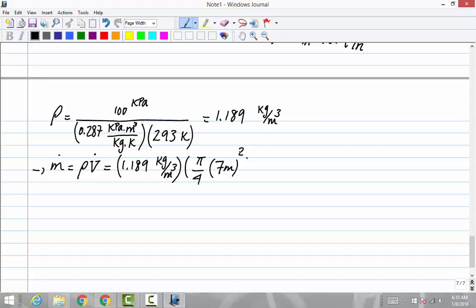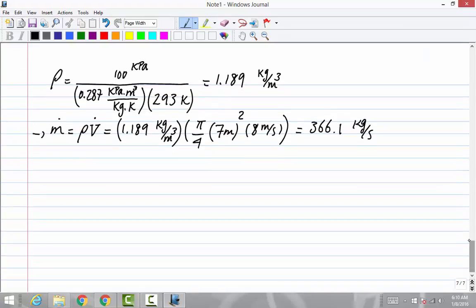This is A. And V, velocity, was 8 meters per second. Equals 366.1 kilogram per second.